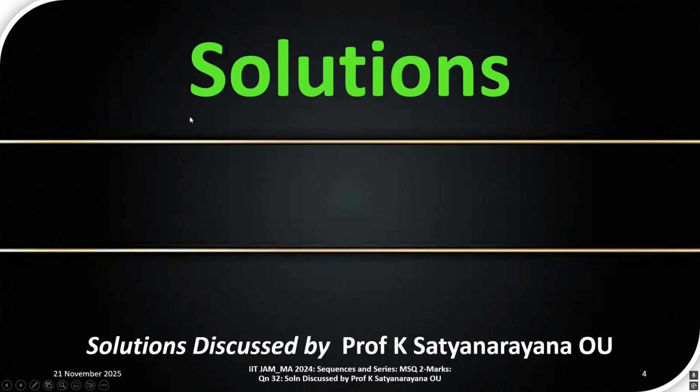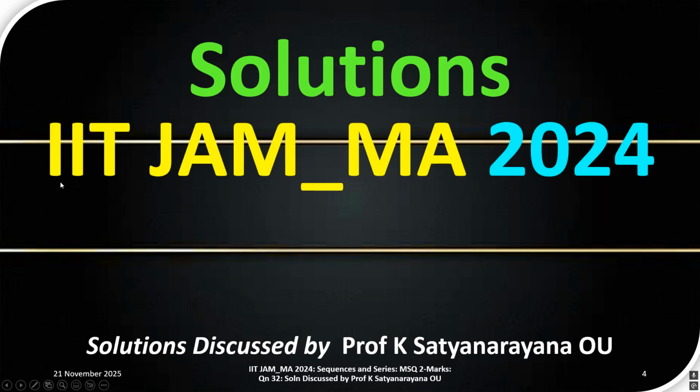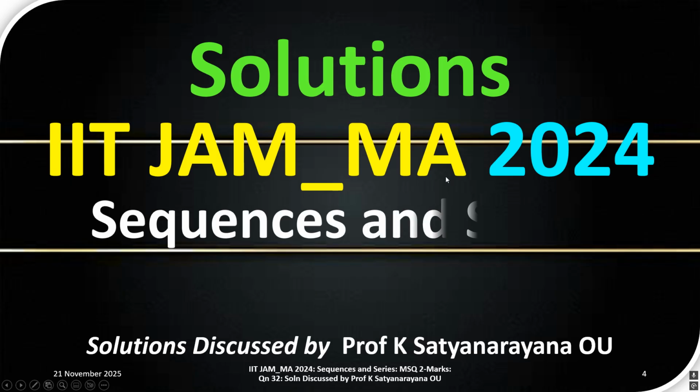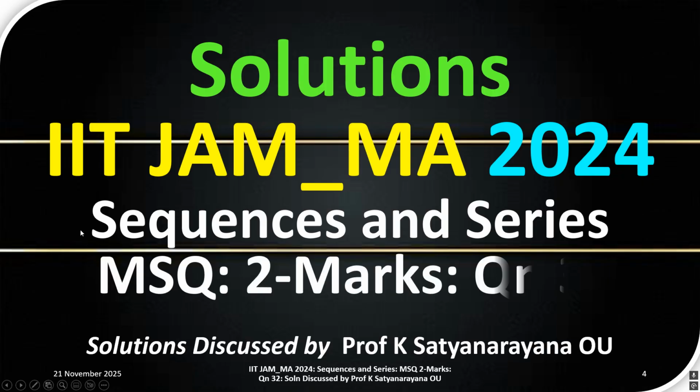We continue the discussion of the solutions of the problems that have appeared in the IIT JAM Mathematics Examination 2024. In this video, we discuss the solution of a problem from the subsection sequences and series from the real analysis.